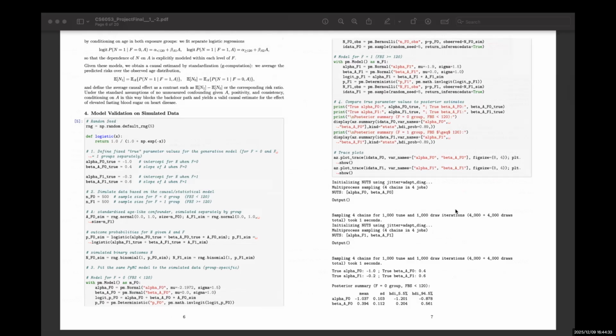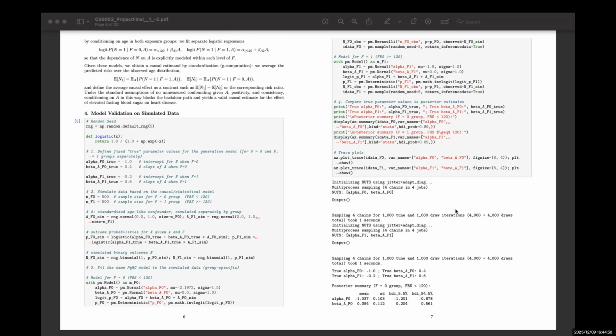Okay, hi everyone. My name is Yizhi Yang, and now I will briefly introduce sections 4 to 6 of our project. First let's look at section 4, the model validation on the simulated data. Before using our Bayesian logistic model on the real data set, we checked whether it can actually recover the unknown parameters in a controlled setting. So we consider two groups matching our causal setup.